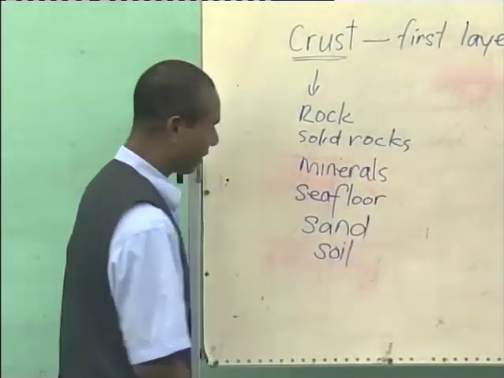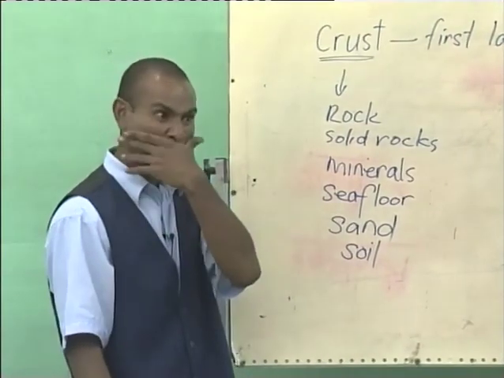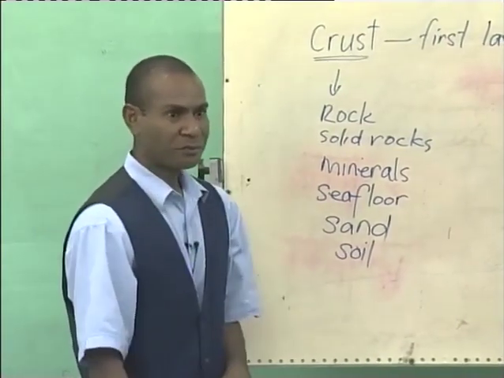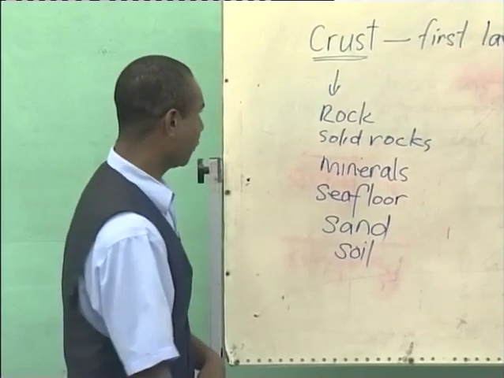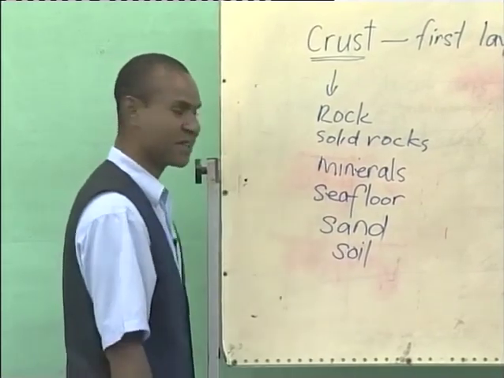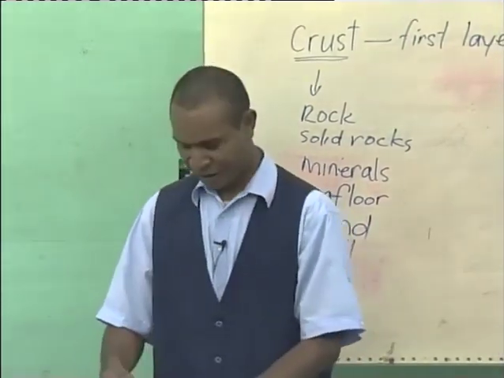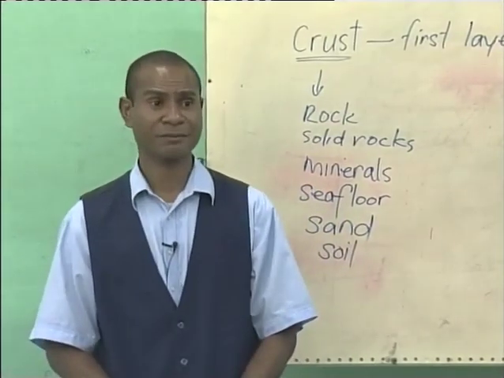All right. Let's look at some of these things that your friends mentioned. So, as on the board, we have rocks, solid rocks, minerals, seafloor, sand, and soil. Now, the Earth's crust.